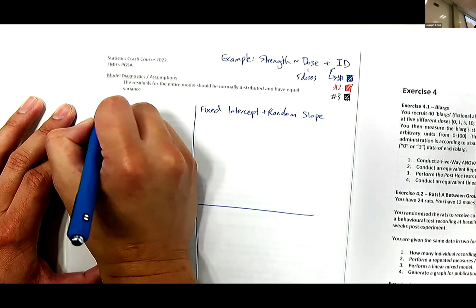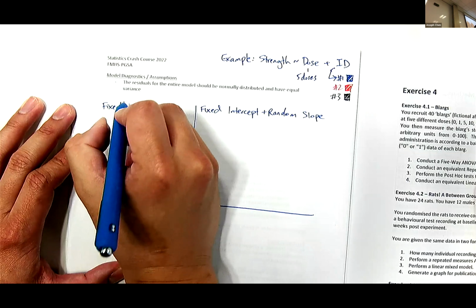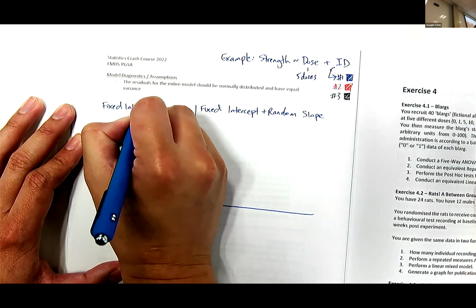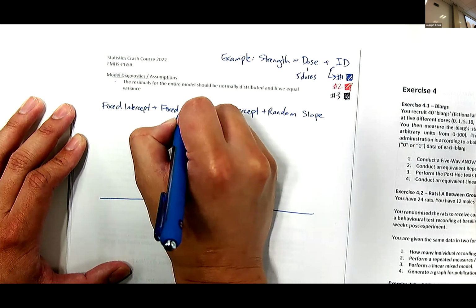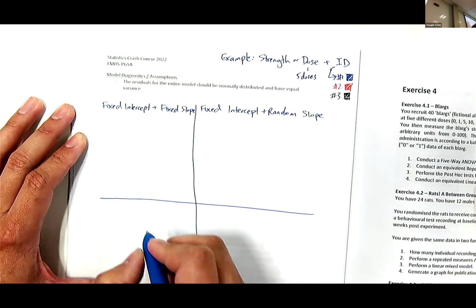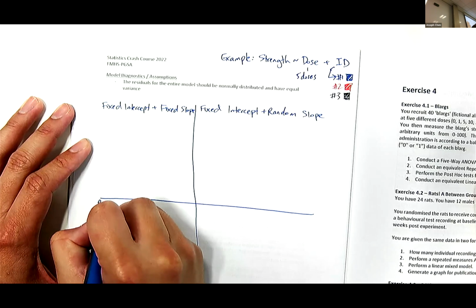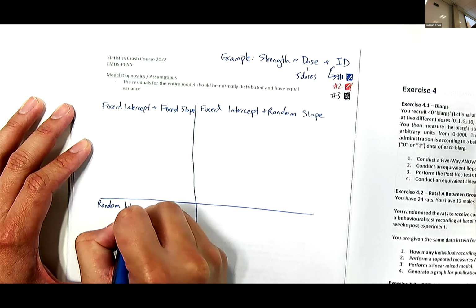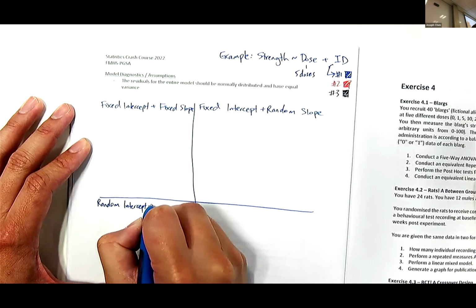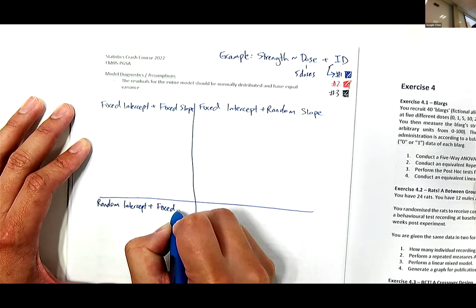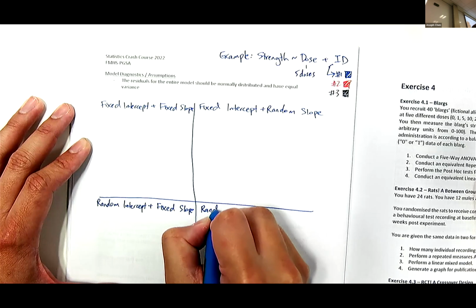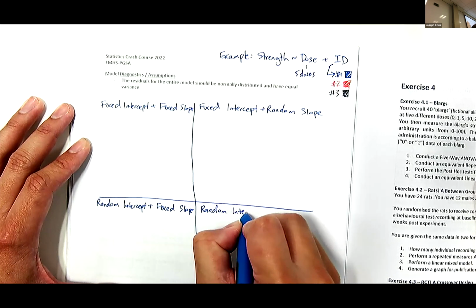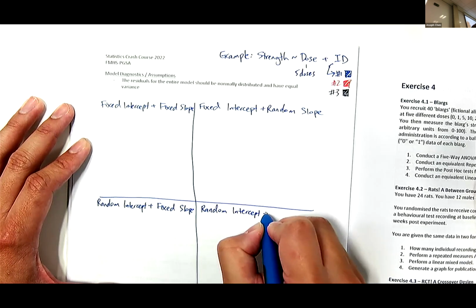In this quadrant, we'll write fixed intercept and a fixed slope. In this quadrant, we'll write random intercept plus a fixed slope. And in this quadrant, we'll write random intercept and random slope.